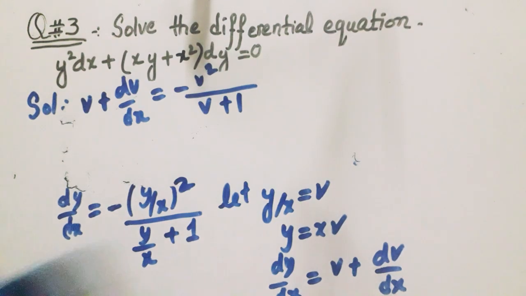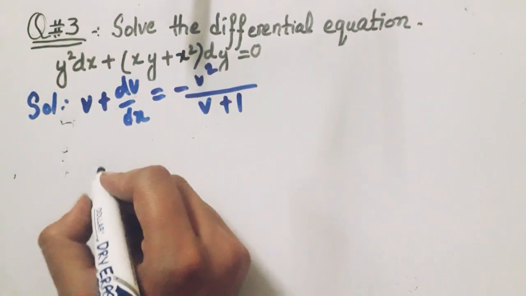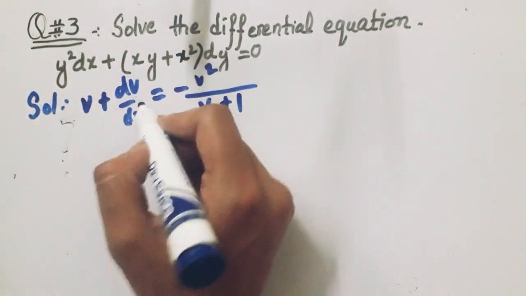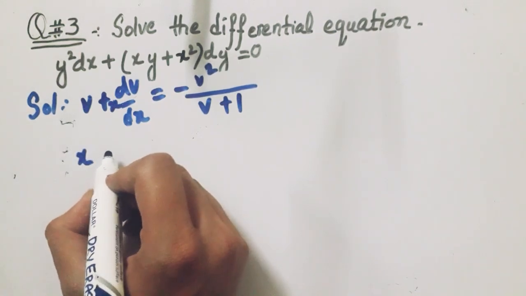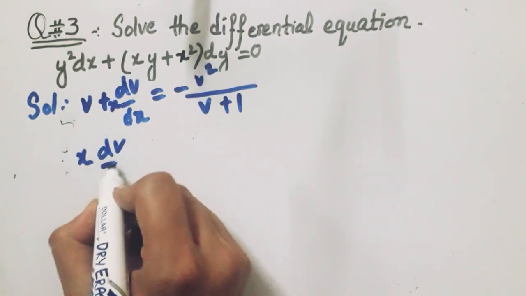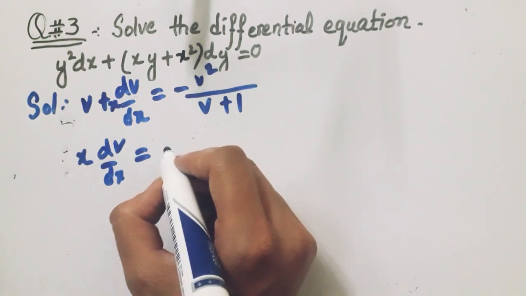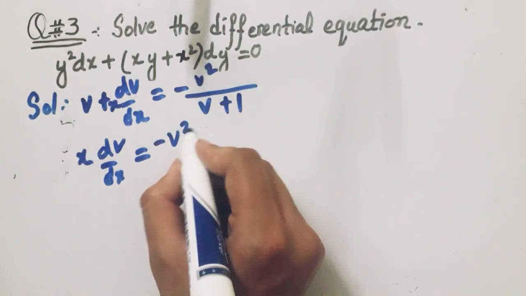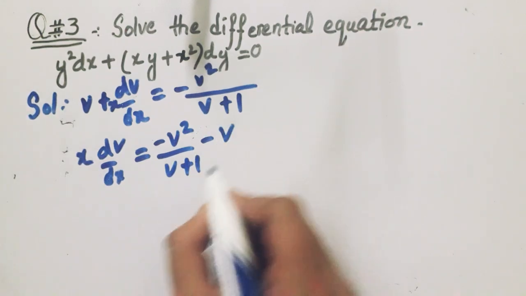Next we will rearrange this, so it will become x dv/dx is equal to minus v squared by v plus 1, and minus v.